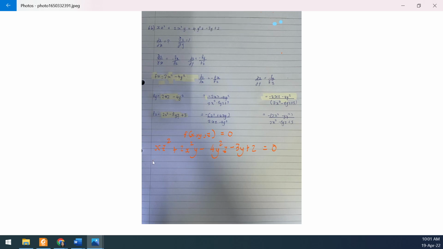So to find fx, you del del x each term: xz squared, plus 2x squared y, minus 4y squared z, plus negative 3y, plus 2. When you del x of xz squared, z squared is constant, so you get z squared.